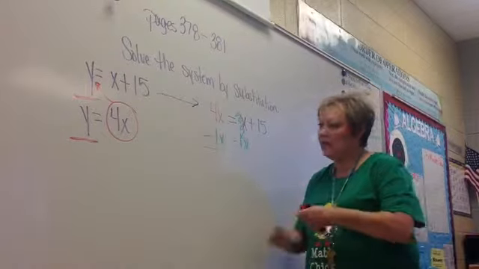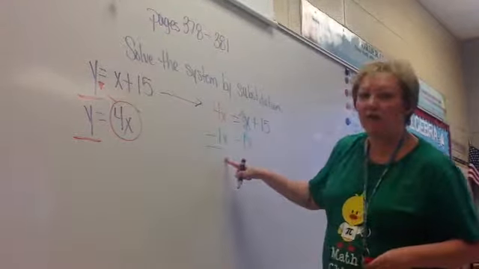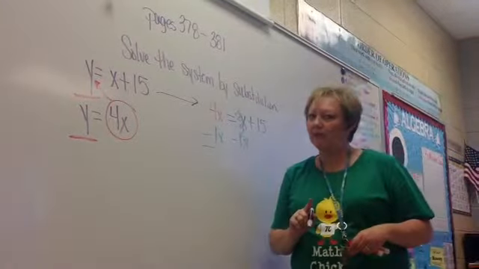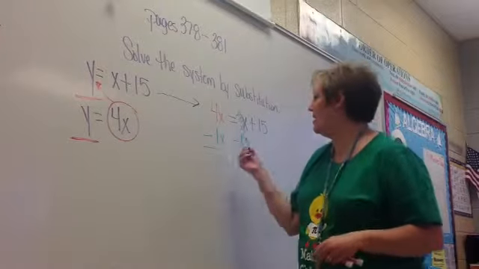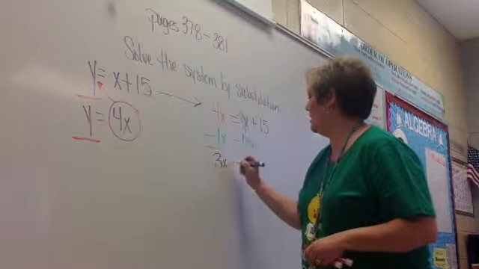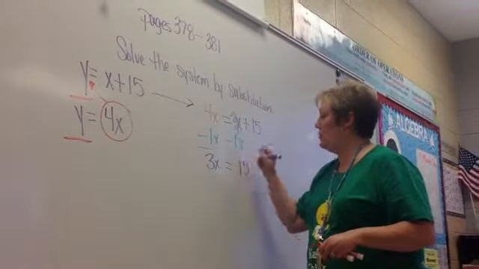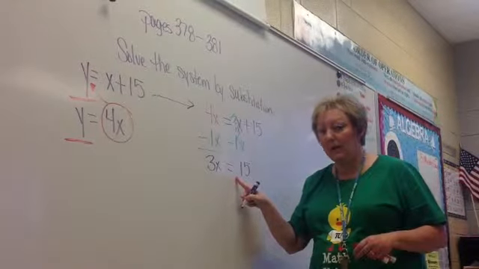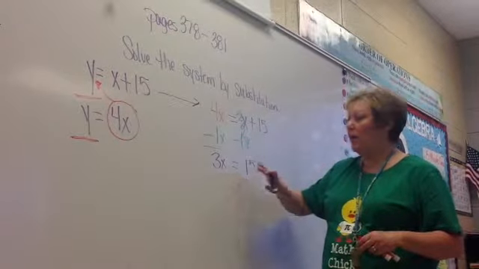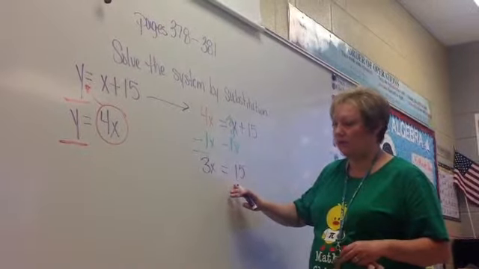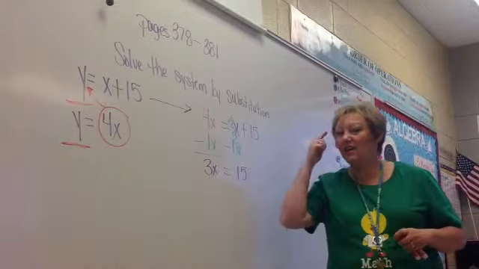So long, see ya. And we've got 4x minus 1x. What's that? Combine those coefficients. 4x minus 1x is 3x. Bring down the positive 15. Remember, I do not have to bring down the plus sign because even though I don't have that plus sign there, we know that that number is positive. Now we've got a simple one-step equation. I want you to think in here.